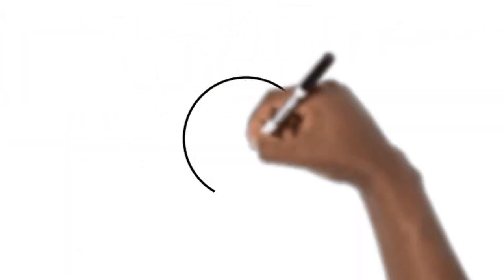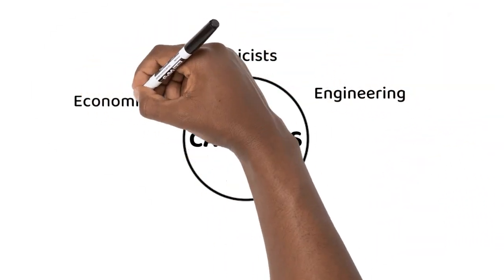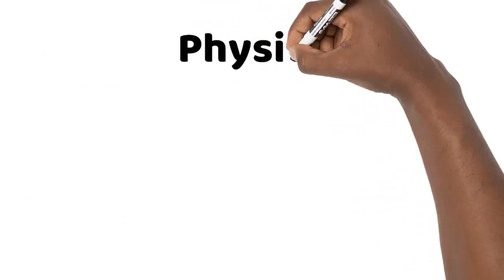Among the disciplines that utilize calculus are physics, engineering, economics, statistics, and medicine. It is used to create mathematical models in order to arrive at an optimal solution. For example, in physics, calculus is used in a lot of its concepts.